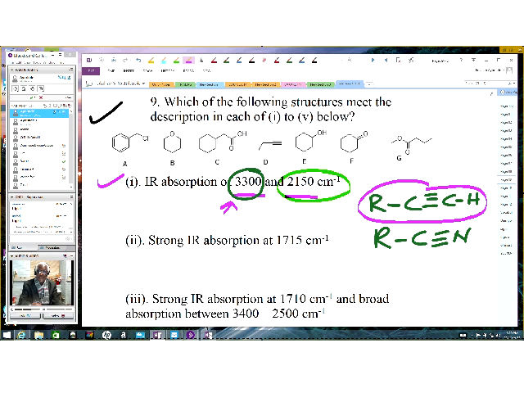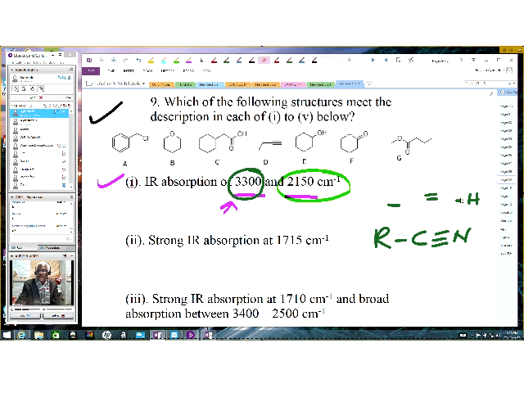So therefore, which one of these structures here will relate to question 1? D, exactly. Good. So this is just a question of knowing the absorption frequency for the different functional groups.